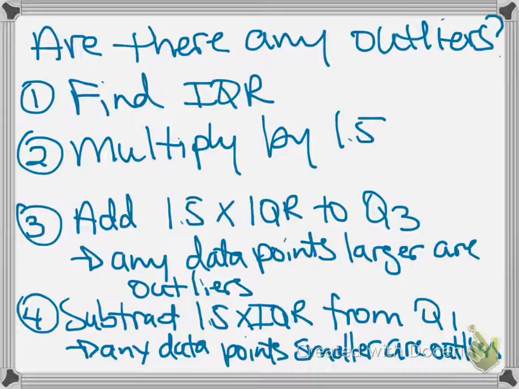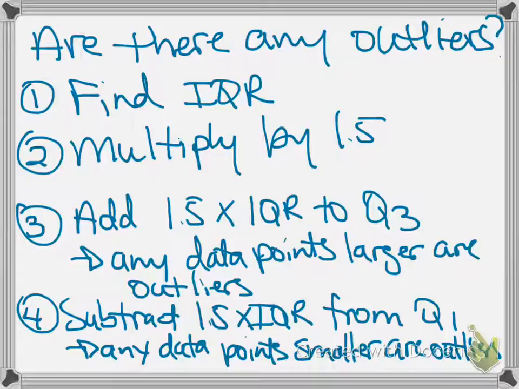Then you're going to take that value of the IQR and multiply it by 1.5. And that just extends that range a bit so that an appropriate number of data points will still be included in your data set, and you're not going to be excluding an obscene number of outliers.